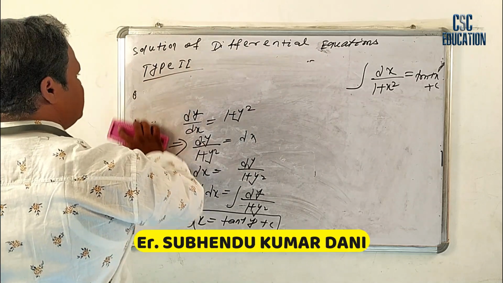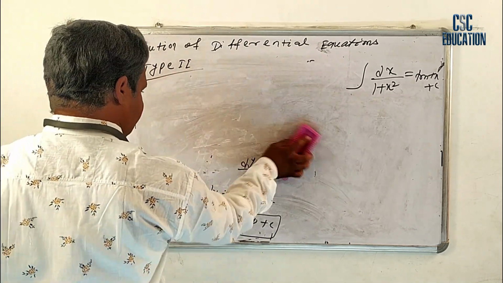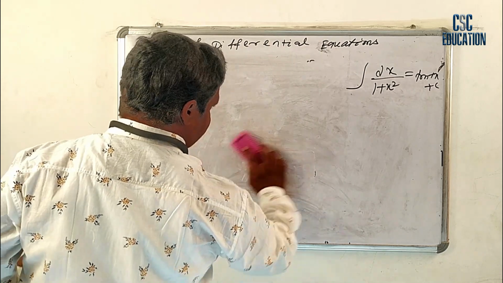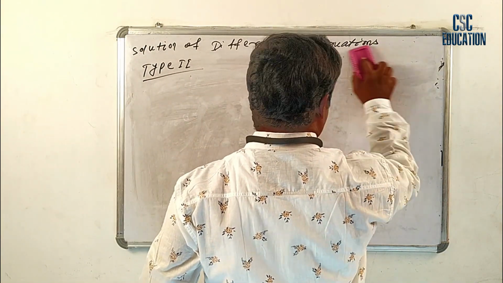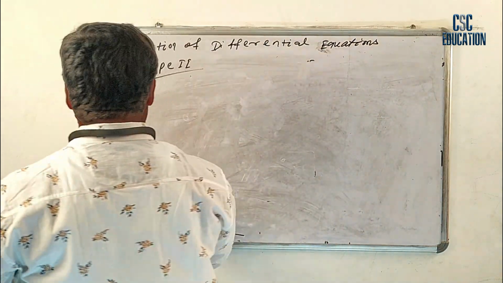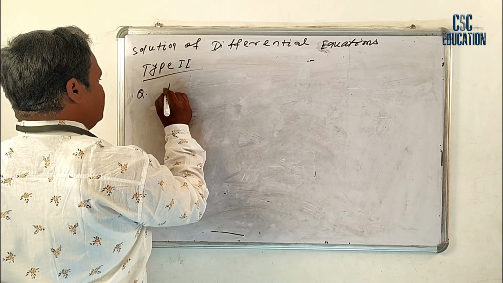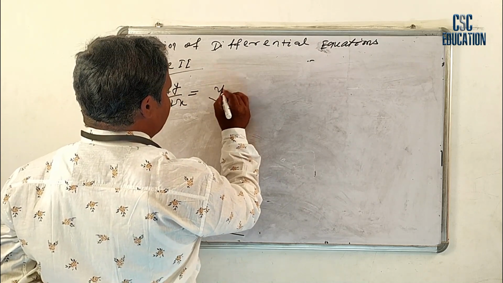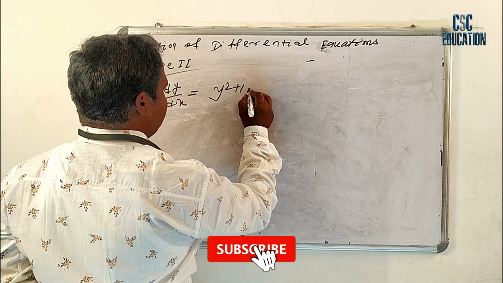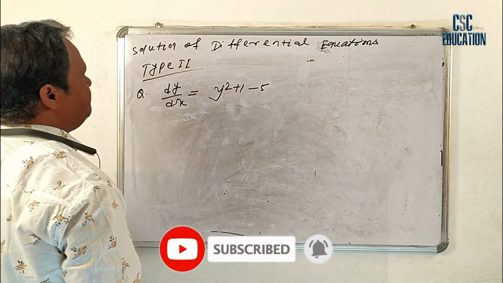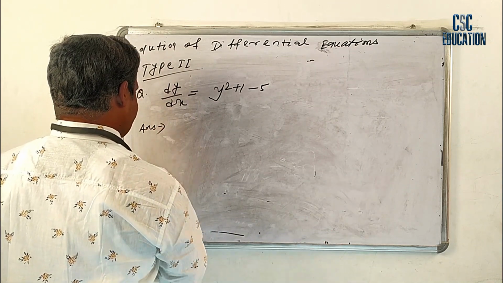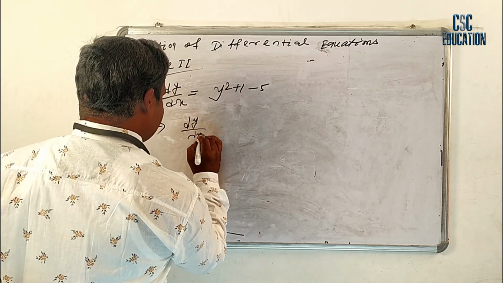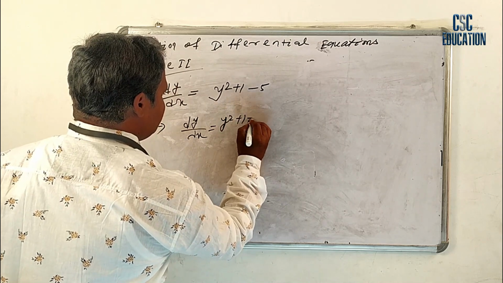Another example of this type. Question is, suppose dy by dx equals y square plus 1 minus 5.